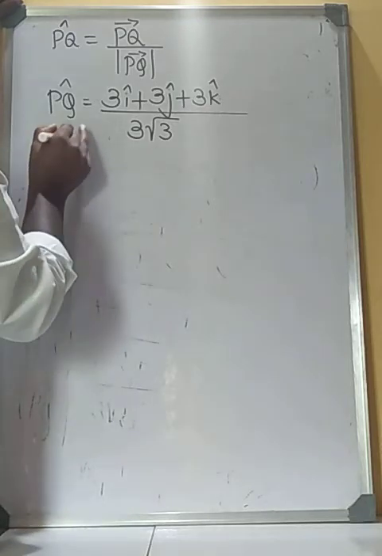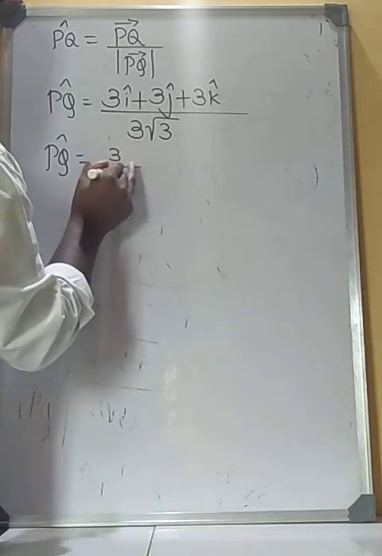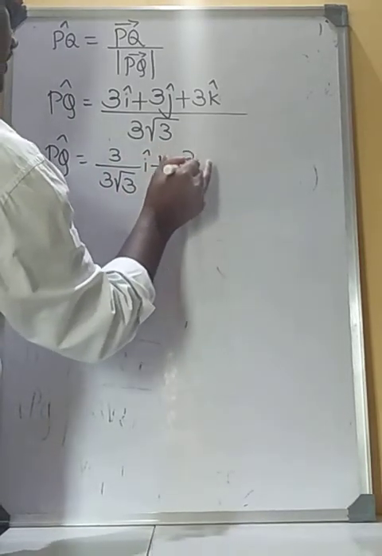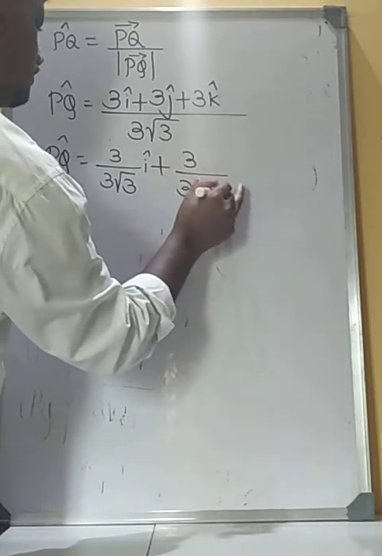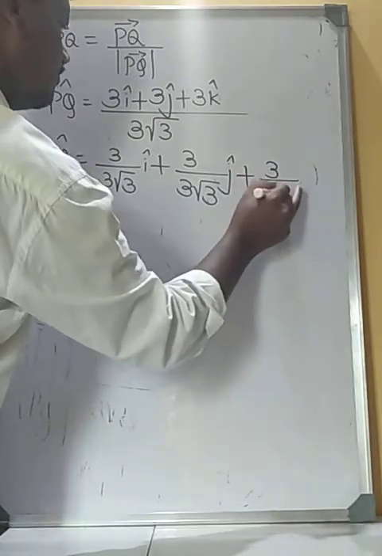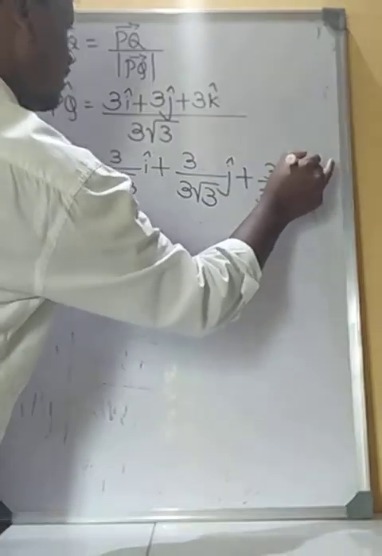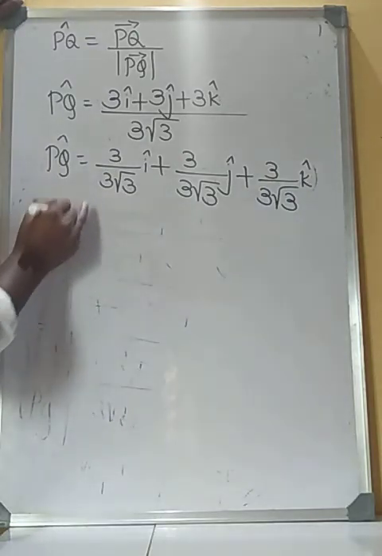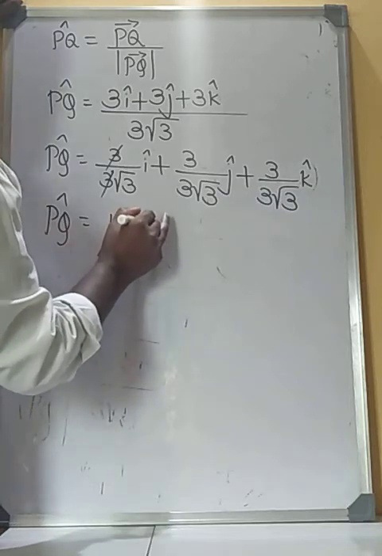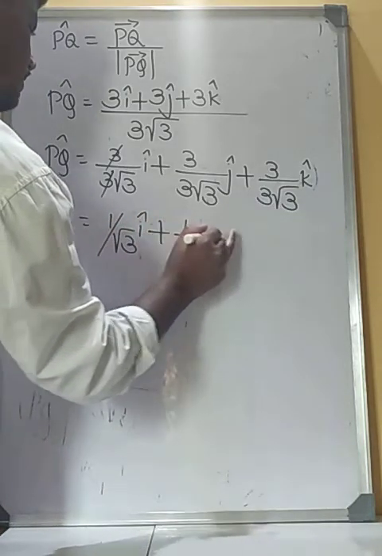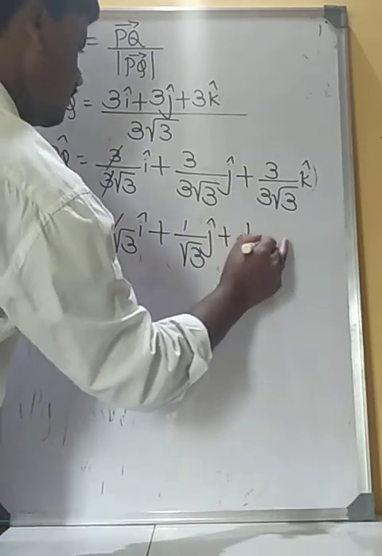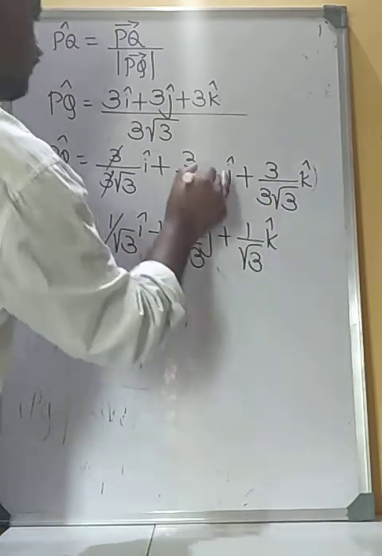So PQ cap is equal to 3 by 3 root 3 i plus 3 by 3 root 3 j cap plus 3 by 3 root 3 k cap. Therefore, PQ cap is equal to 1 by root 3 i plus 1 by root 3 j plus 1 by root 3 k.